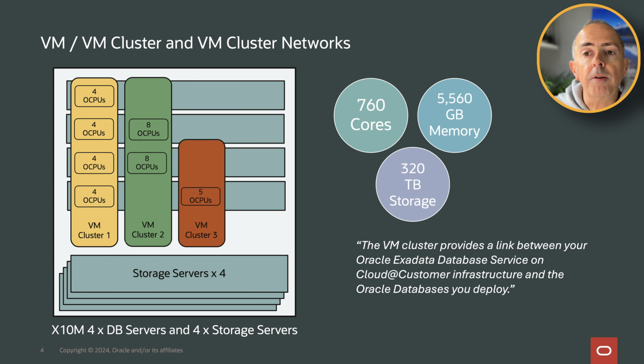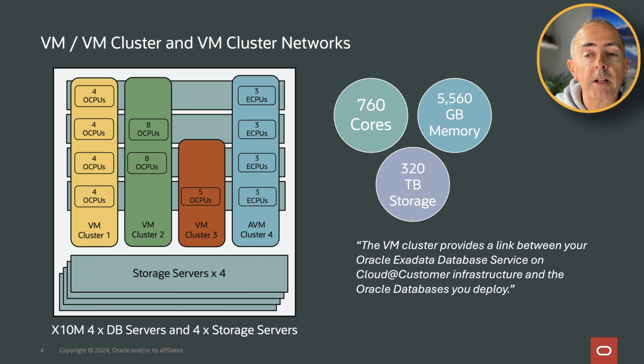Now the third example is where we only have 1 VM running, this time with 5 OCPUs. Of course, having only 1 VM running means this VM cluster won't be highly available, but it might be suitable for test or dev environments, or where we're not running Oracle RAC across multiple database servers. And finally, we have an example of a VM cluster that can run the autonomous database.